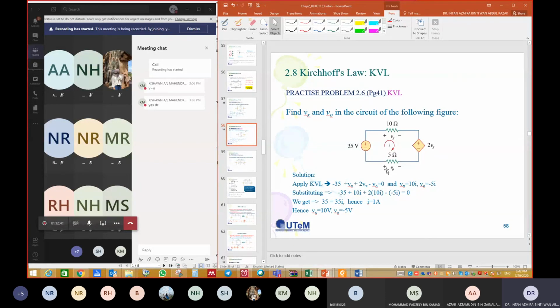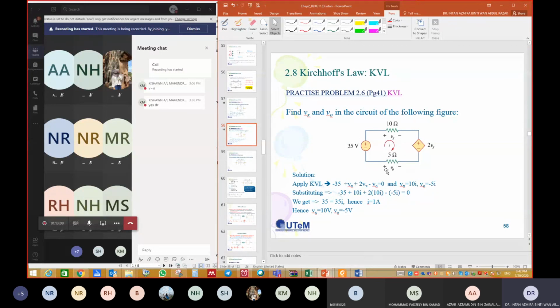Why minus? Because current flows from here and then enters this point. The V0 must be positive and negative here. But now, the notation of V0 is positive and negative, so we must put the negative, meaning that it is a negative current.